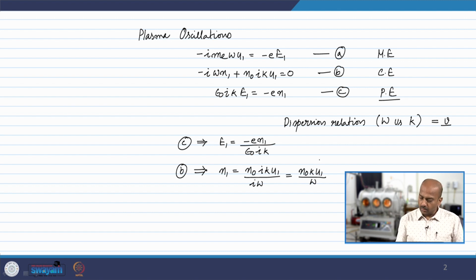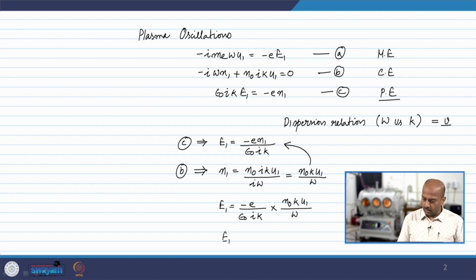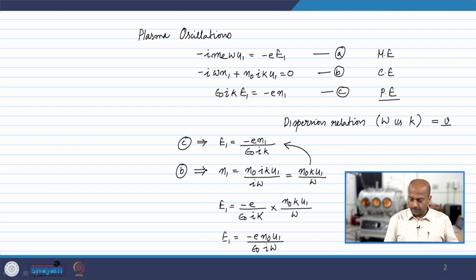So, using this value of n1 in E1, we can write E1 as minus e divided by epsilon naught i k times n1, which is n0 k u1 by omega. So, E1 is thus minus e n0 u1 by epsilon naught i omega, right.